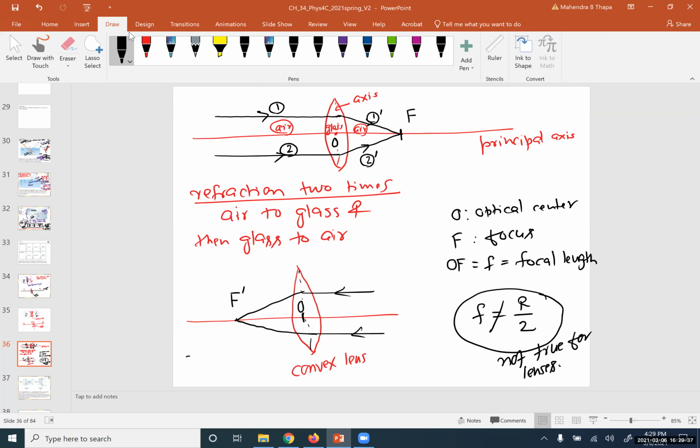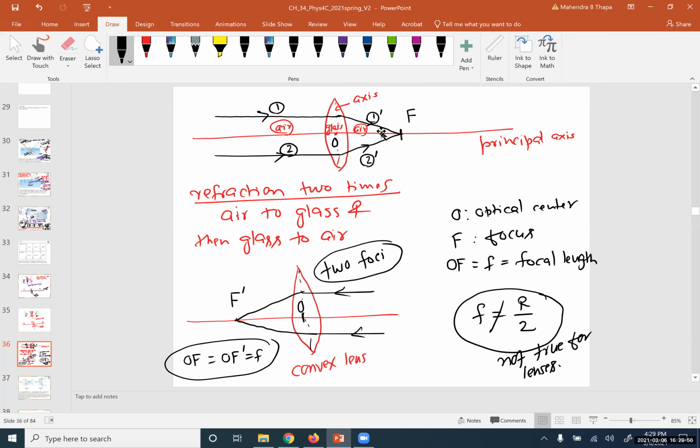So OF is exactly equal to OF prime, which is equal to f. So a lens has two focus points, which we call foci. In this case, the focus point is real, because it happens because of the actual intersection of the rays.